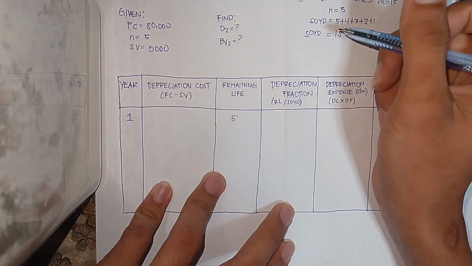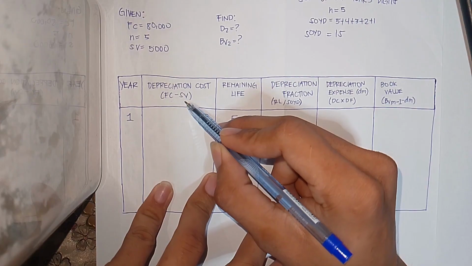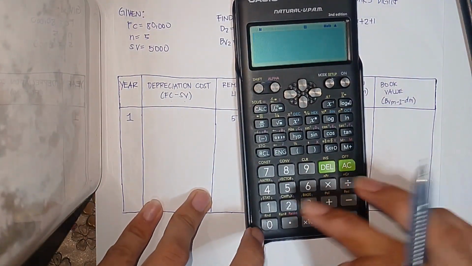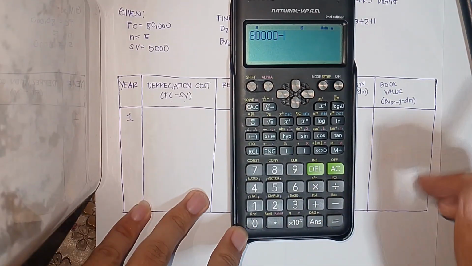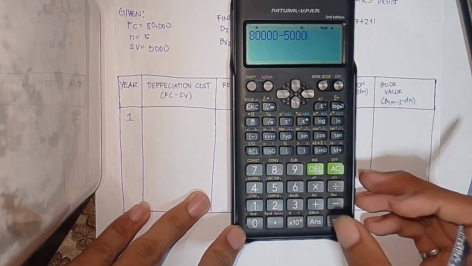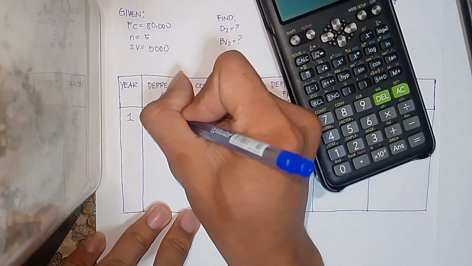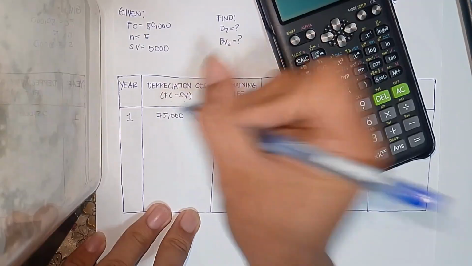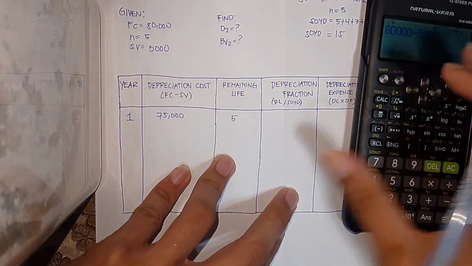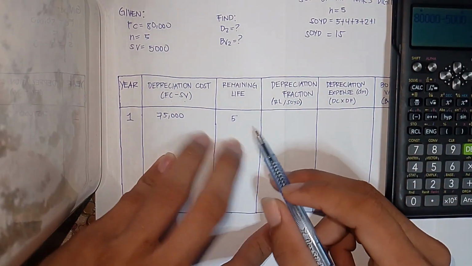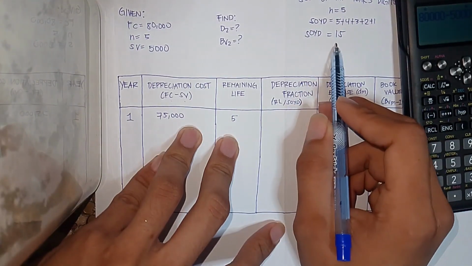To get the depreciation cost, we need to subtract first cost and SB, which is 80,000 minus 5,000. So our depreciation cost is equal to 75,000.